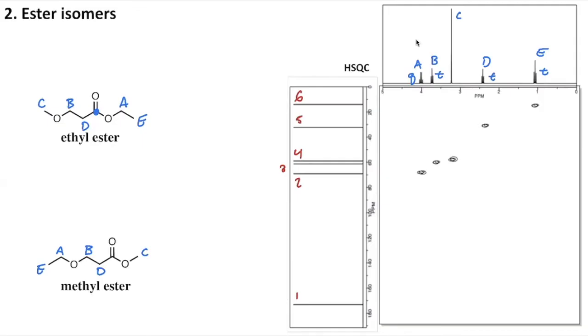I'm going to do this by first drawing in all of the correlation lines as carefully as I can, and then we'll step back, talk about what they represent, and translate those over to our structure. To get us started, I'm going to start over here with E, and just like we did in our COSY example previously, draw lines down to these peaks as straight up and down as you can get them.